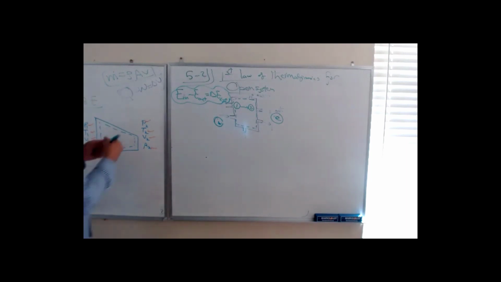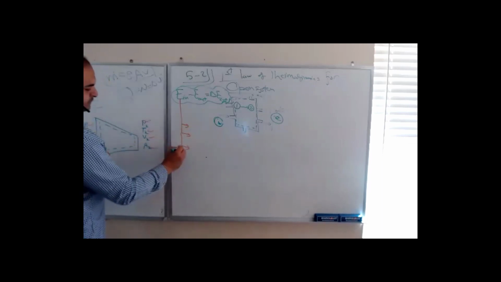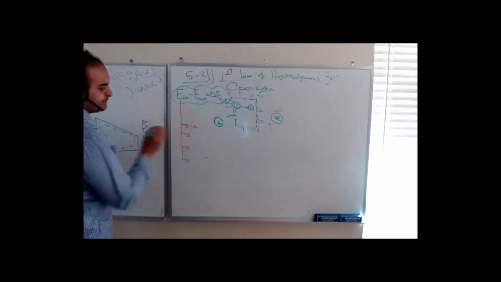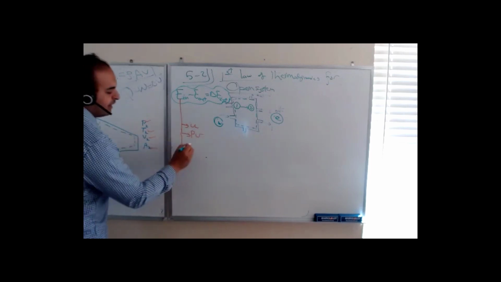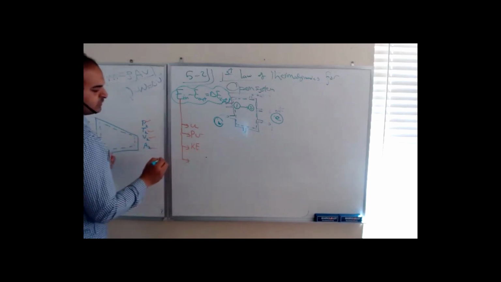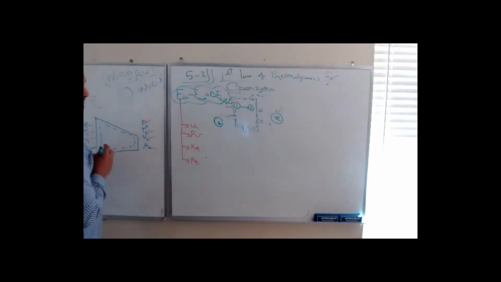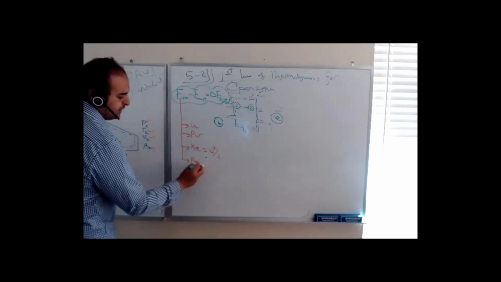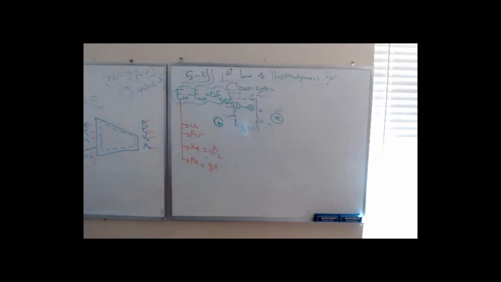Now, E can be internal energy, flow work, and kinetic energy. If we talk about small scale, we have potential energy. For example, here V squared over 2, here gz. If you have elevation, you have different altitude, different heights.